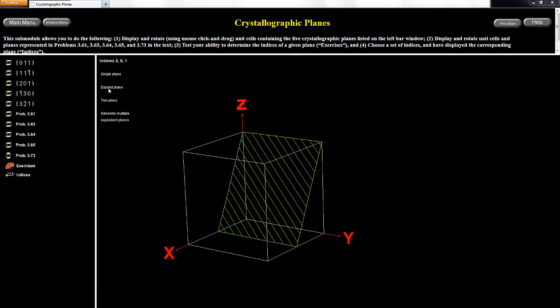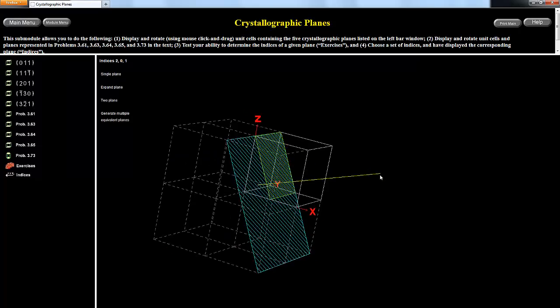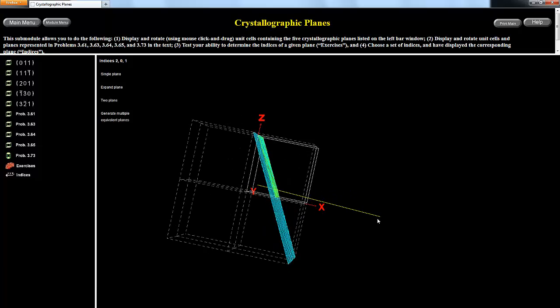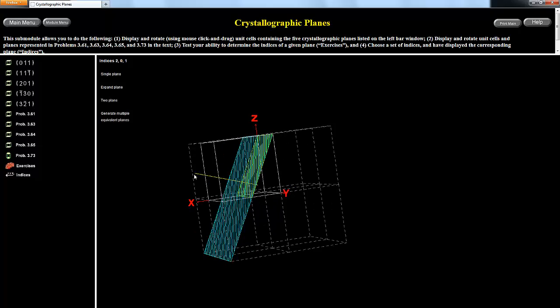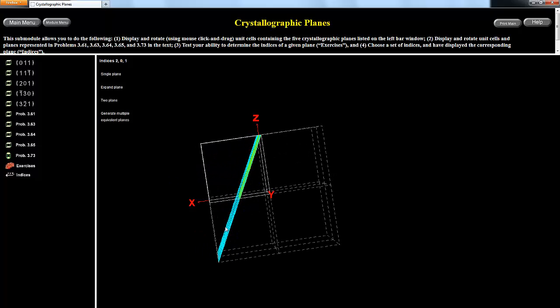If I want to show this in an expanded plane, from here down to here would be -2 for Z, but I can also look at it from this direction, and it could be -2 for z and -1 for x, and still parallel to y. So we'd still end up with 2, 0, 1.